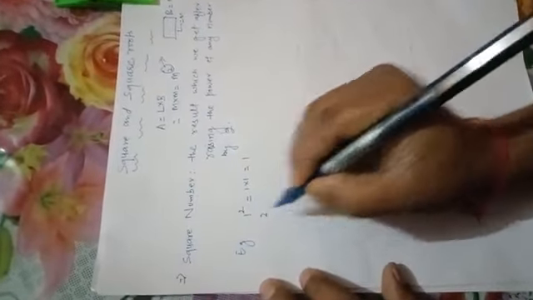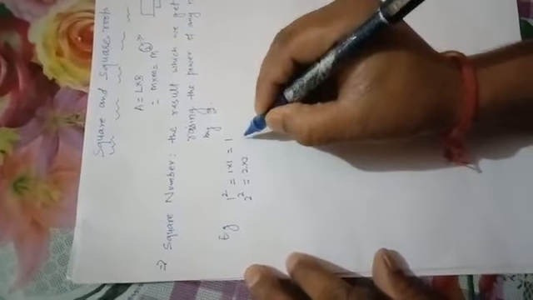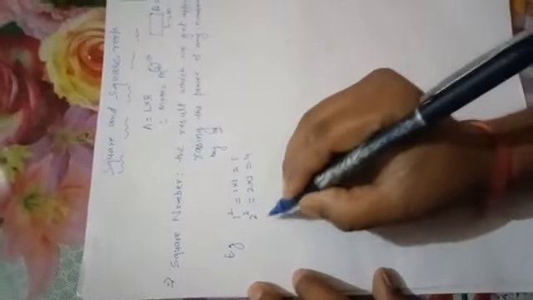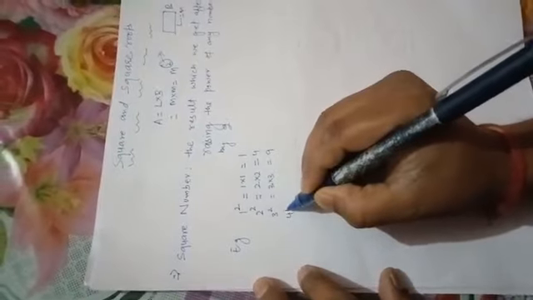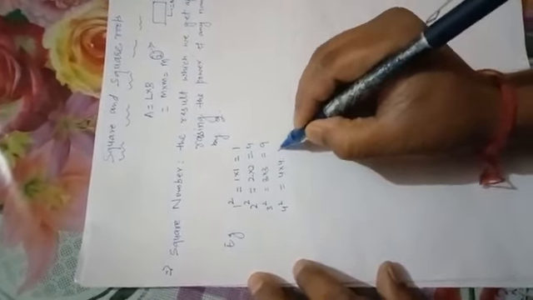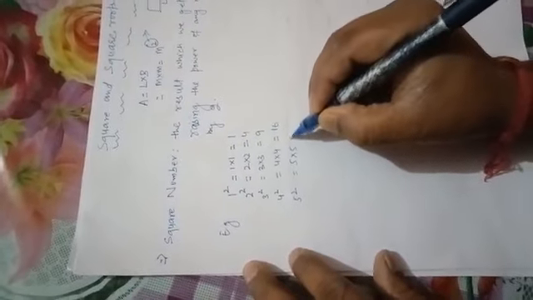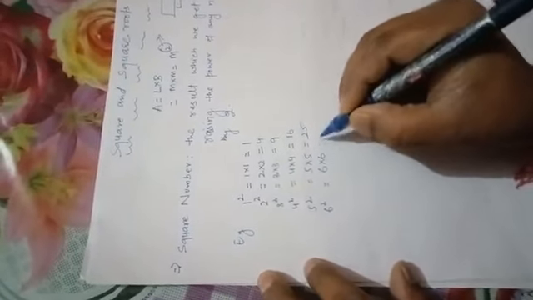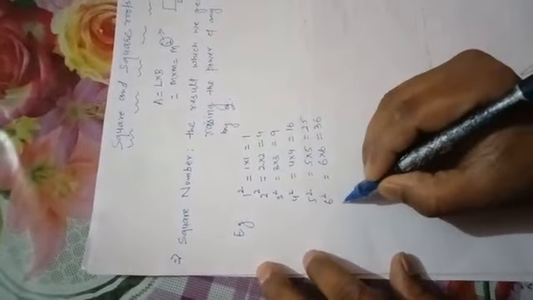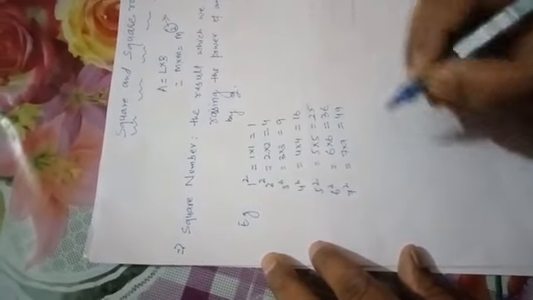Similarly, number 2 when raised to power 2 can be written as 2 into 2, which is also equal to 4. 3 raised to power 2 equal to 3 into 3 equal to 9. 4 raised to power 2 equal to 4 into 4, 16. 5 raised to power 2 equal to 5 into 5 equal to 25. 6 raised to power 2 equal to 6 into 6, which is 36. 7 raised to power 2 equal to 7 into 7, which is 49.